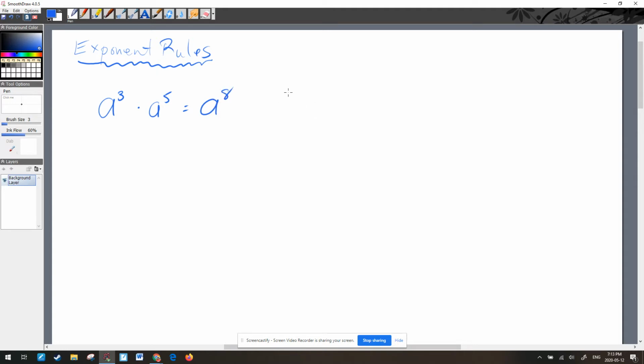And this is the product rule, product rule of powers is what it's often called.